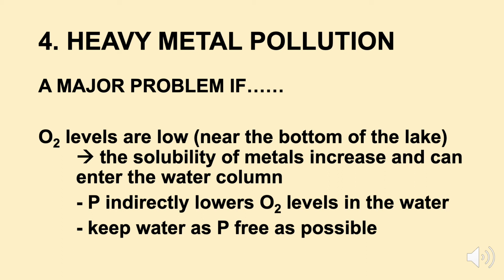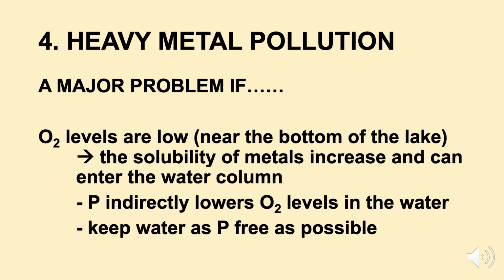So our problem is potentially phosphorus. We get too much phosphorus into the lake, the phosphorus causes algae growth. The algae grow. When they die, they fall to the bottom of the lake, and you get decomposers that use free oxygen in the water to decompose the algae.